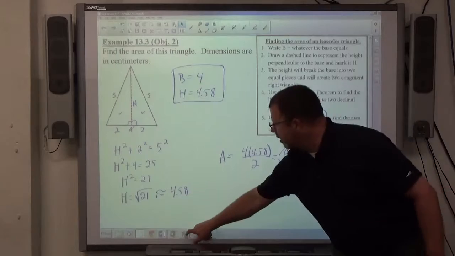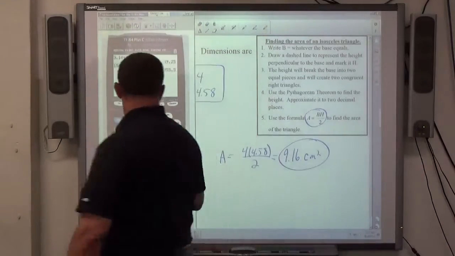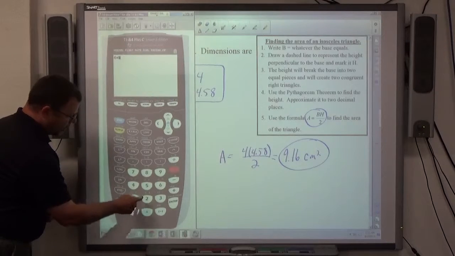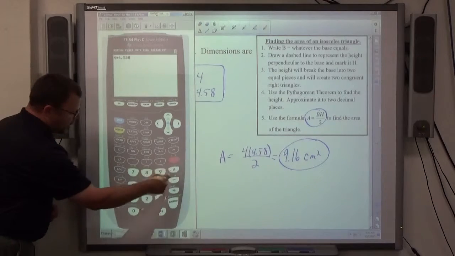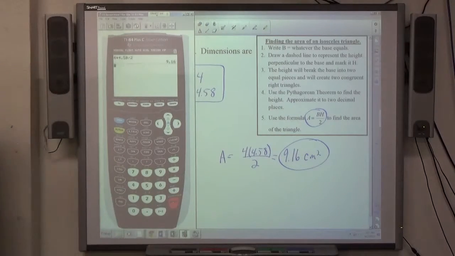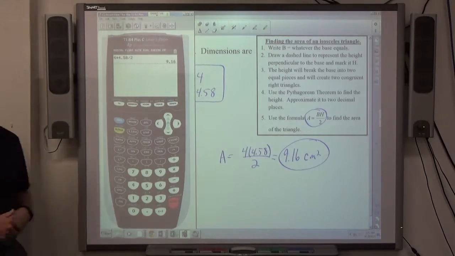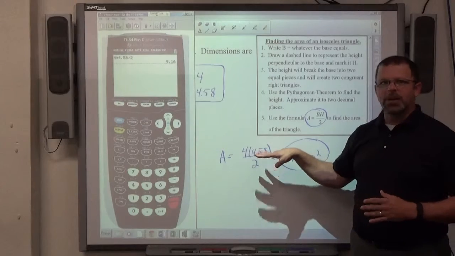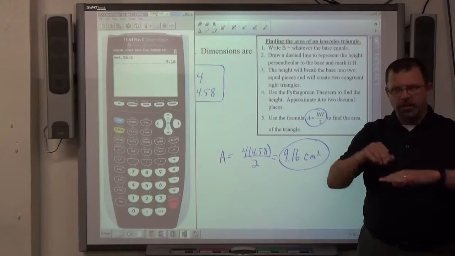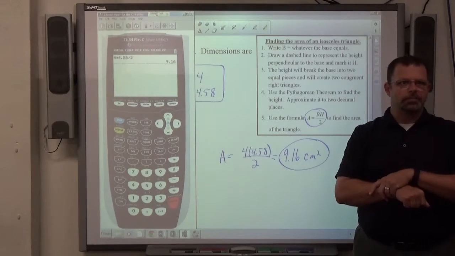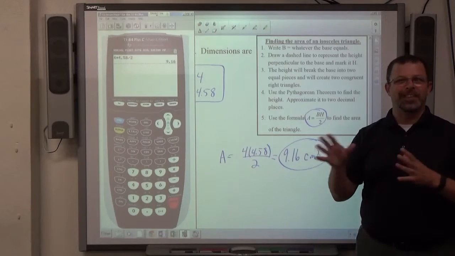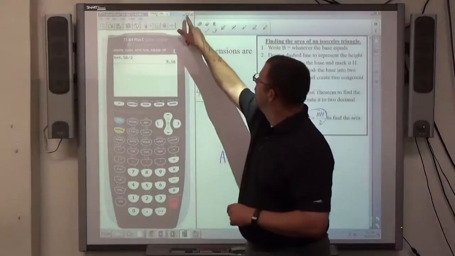If you don't have a mental calculator that's happy with decimals like mine is, you can type in 4 times 4.58 divided by 2 equals 9.16. Anytime you type in this stuff where it's got stuff over stuff, all the top stuff is divided by the bottom. If there's one thing on the bottom, fine; if there's multiple things on the bottom, you might want to evaluate them both first and then divide the 2 numbers you get.